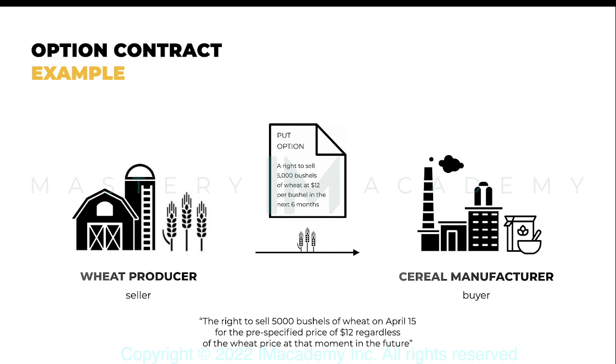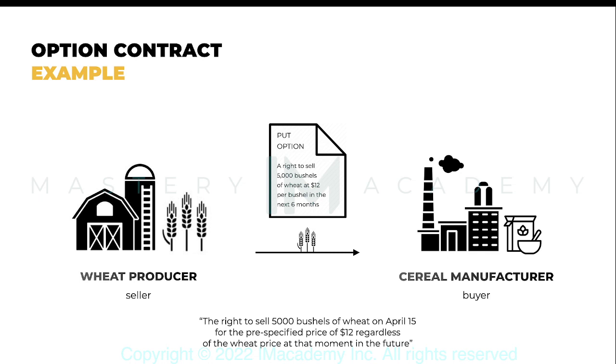If the producer would sign a contract to have a right to sell 5,000 bushels of wheat for the strike of $12 during the next 6 months, the manufacturer would have to, without a choice, buy the agreed amount of wheat for the specified price any time during the next 6 months when the producer decides to exercise the contract. Okay, so this is how the put option works. Even if the price of wheat would fall and the market price, let's say, would be $10, the manufacturer would still have to buy it for $12 since the contract was signed.